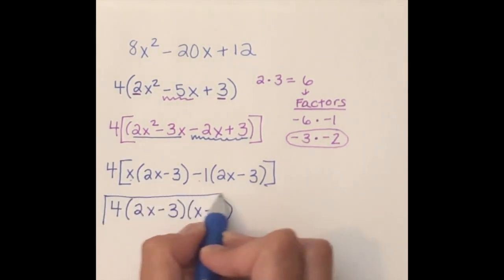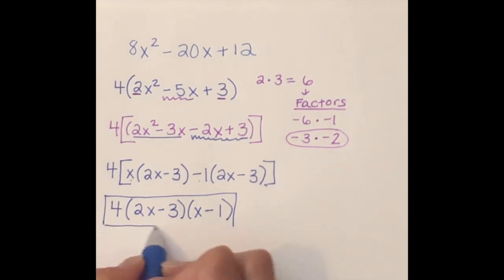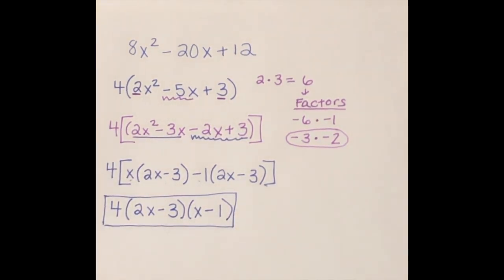So that big old trinomial at the top ends up factoring as 4 times 2x minus 3 times x minus 1. And like Mrs. Sullivan said, if we wanted, I could go ahead and multiply all of this out to check.